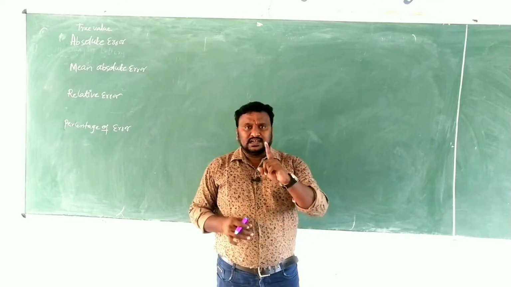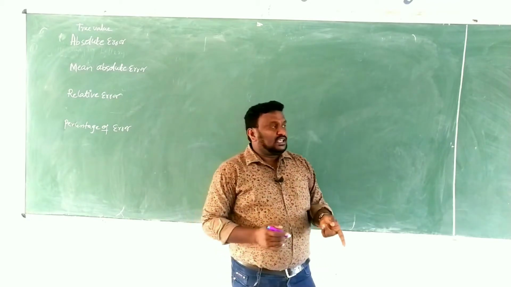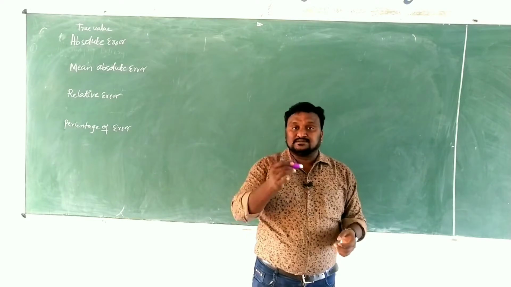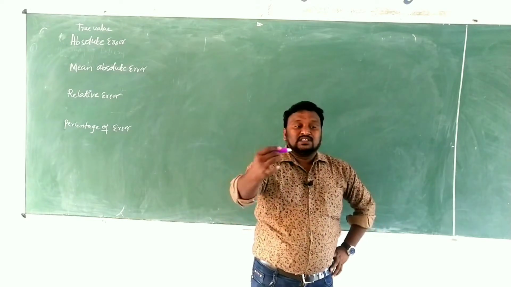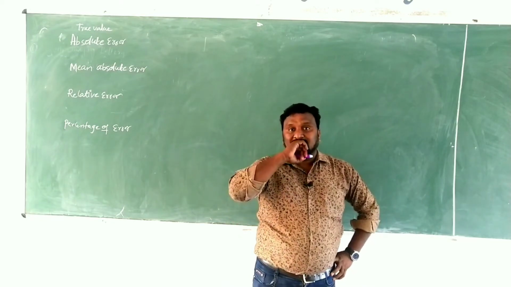Take the measurements of one person. What is the experiment? Simply imagine, find the length of the given object by using vernier calipers.